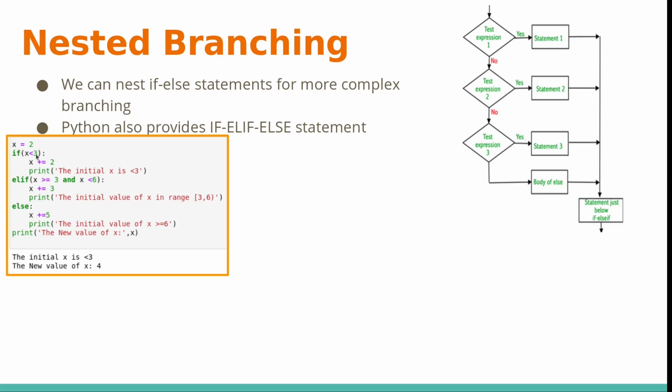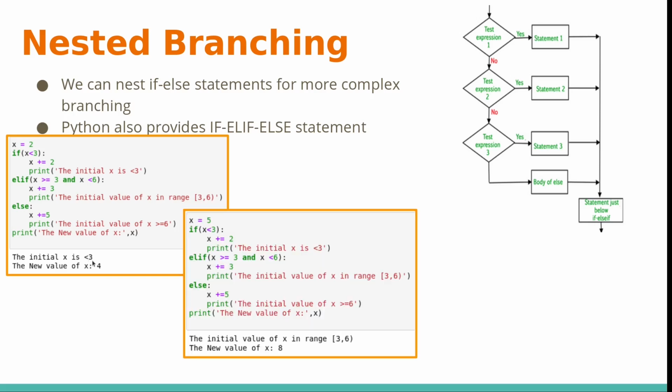So when I have 2, the first condition is met, so I'm adding 2 plus 2, so the new value is 4. It is also printing in the loop saying that the initial value is less than 3. Similarly, if my x were initialized to 5, then clearly the if statement is not valid. It is greater than 3 and less than 6, so the elif statement gets triggered, and since this is true, it'll add 3 to 5 and give me a value of 8.